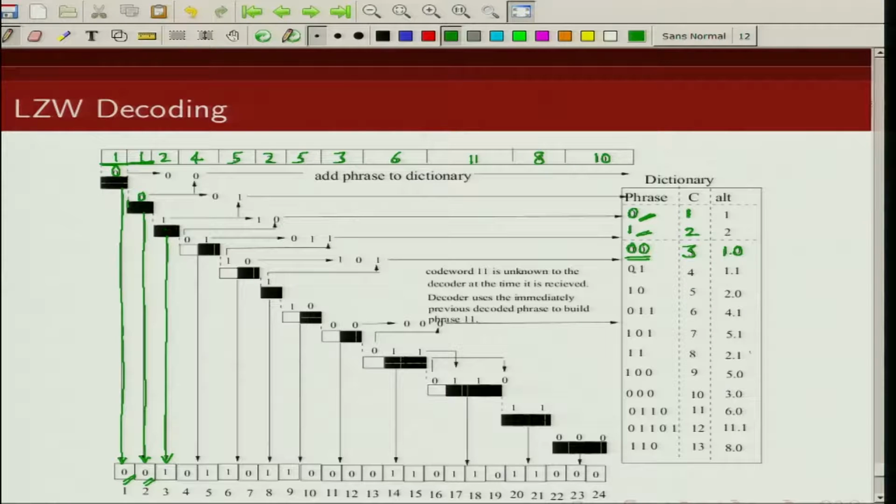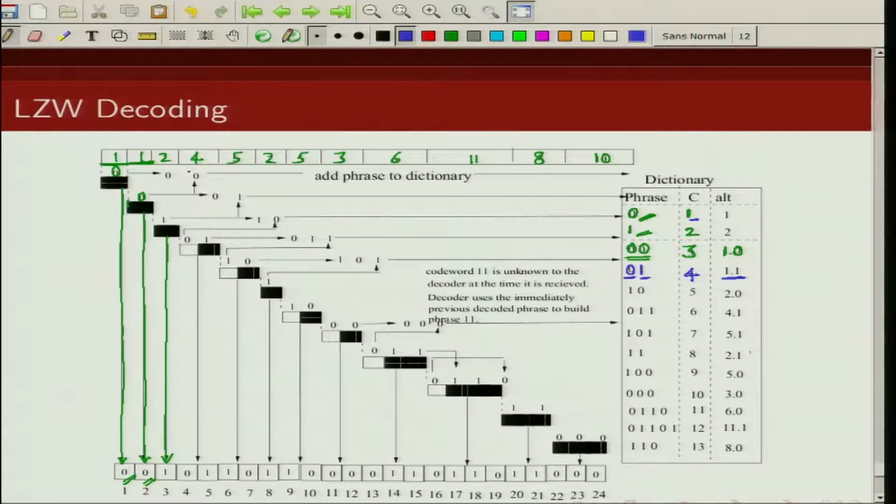So I add 0 1 to my dictionary, and this is my code word number 4. And 0 1 can be written as concatenation of 1 0, which is code word 1 with 1. So that's why I am writing it like this.